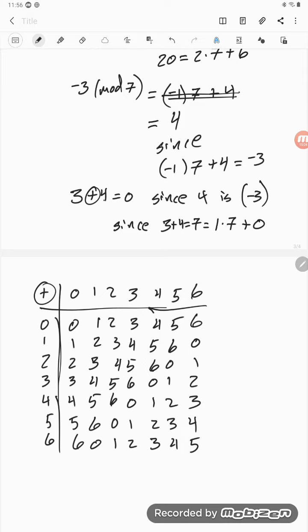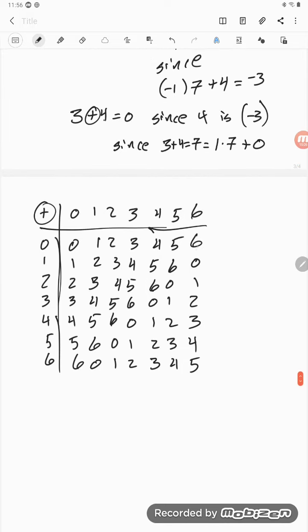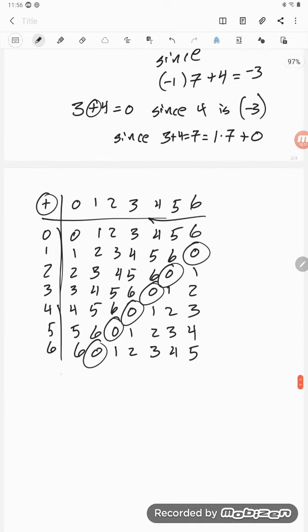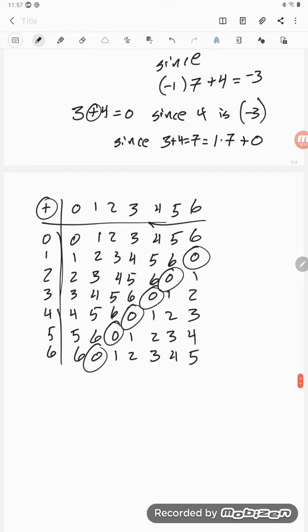And now you can see these additive inverses all along there, which means going down here, negative 1 is equal to 6, negative 2 is equal to 5.